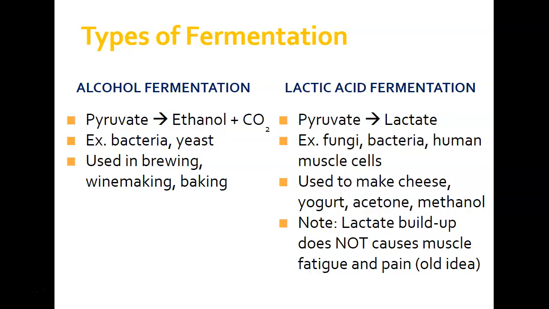So fungi, bacteria, our muscle cells, we use this to make a lot of cheeses and yogurts, as well as methanol and acetone, so nail polish remover. Sounds really crazy. Lactic acid buildup, as it's said here, is thought to be the main cause of fatigue and pain, as I mentioned previously, but it's kind of an older idea that has been debunked a little bit.